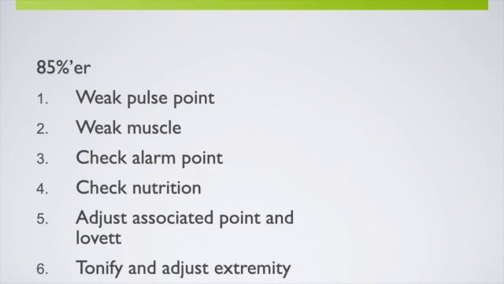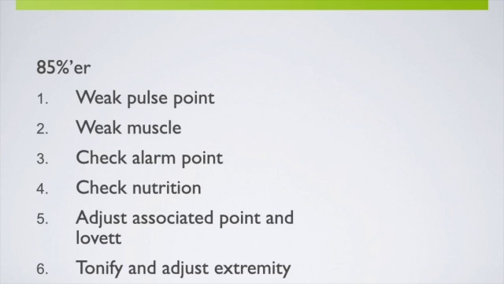So strong indicator muscle, TL the pulse points, you determine which pulse point weakens the indicator muscle, and then you go to an associated muscle related to that meridian. You check for strengthening when TLing that meridian's alarm point, check nutrition on that related muscle, then adjust the associated area on the spine that has the bladder associated points related to that meridian.